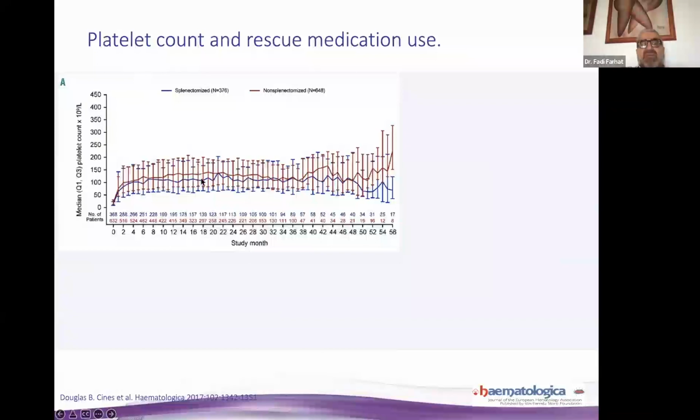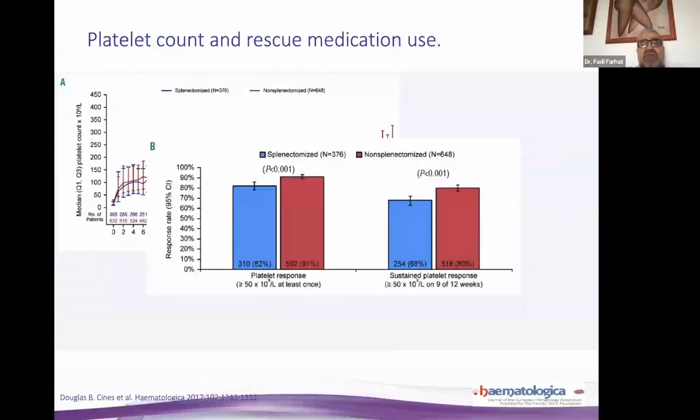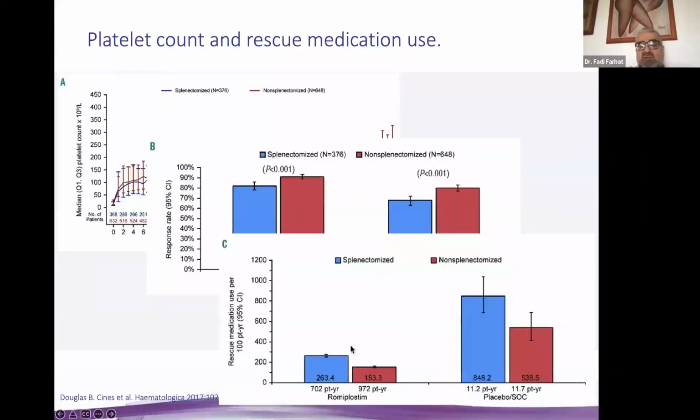So we know now that we have 2 drugs that we might use, with more data for L-Thrombobag. And in these cases, in splenectomized and non-splenectomized patients, we will have some responses compared to placebo.